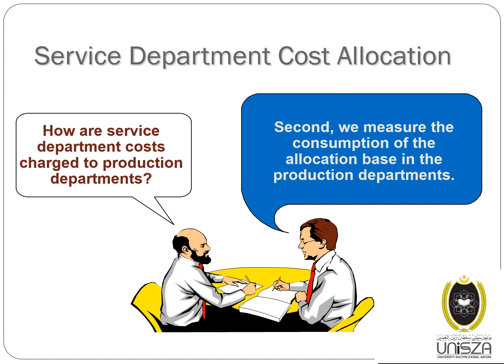So we measure the consumption of the allocation base in the production department. As each department uses the service provider, the cost should rise proportionately according to the amount that is used. So we will have the proportion that we're going to determine in determining the service cost that we're going to charge.